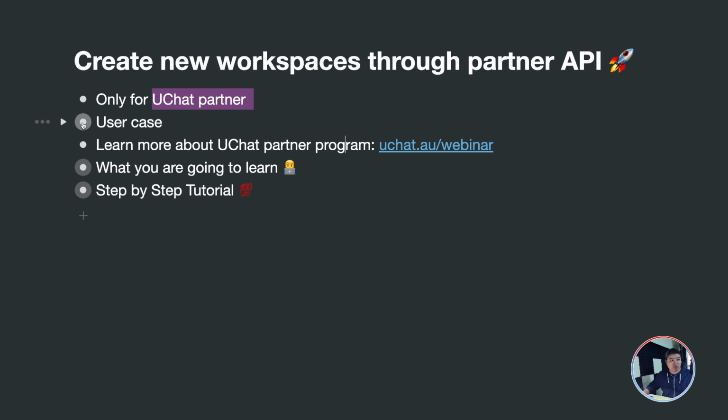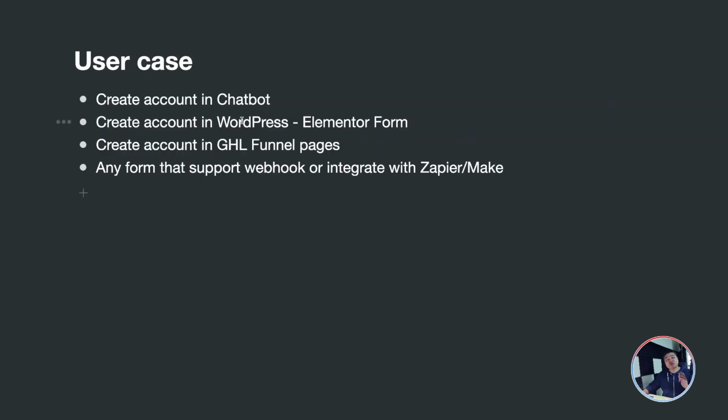Okay, and also at the same time you want to create, for example, the account automatically in chatbot in any of the 16 channels we support. And if you are using WordPress, you are building website in WordPress, you may want to build your landing page when the user submits the form. If you are using Elementor, with the form they submit, you can create an account for them automatically.